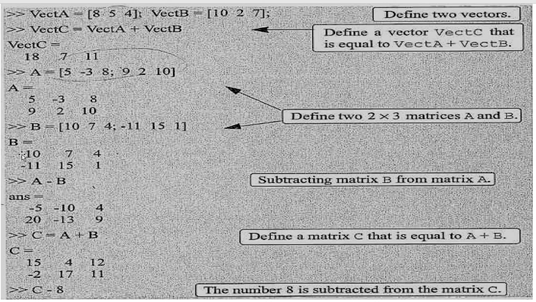If you subtract these two matrices, A minus B gives minus 5, minus 10, 4 for the first row and 20, minus 3, 9 for the second row. If you add these two matrices, you get 15, 4, 12 and minus 2, 7, 11.